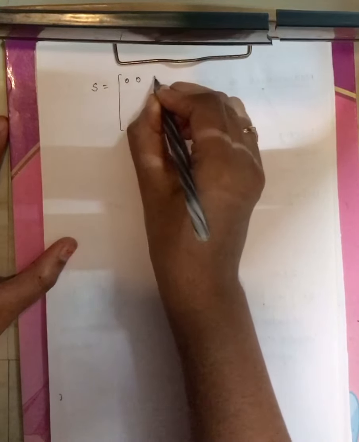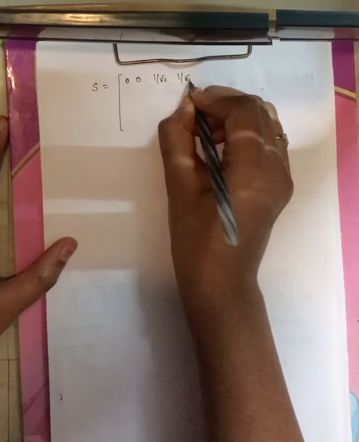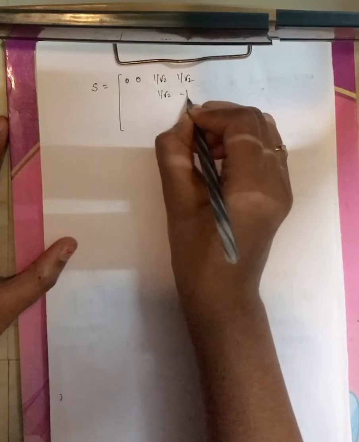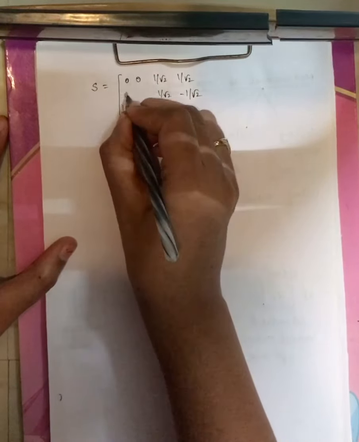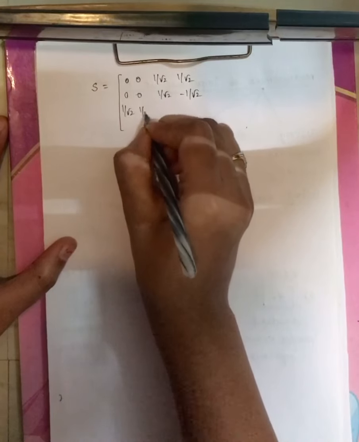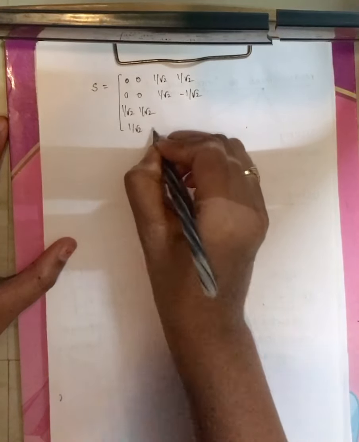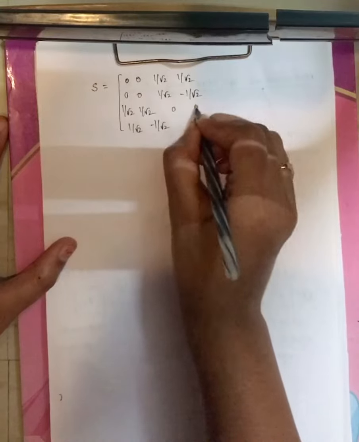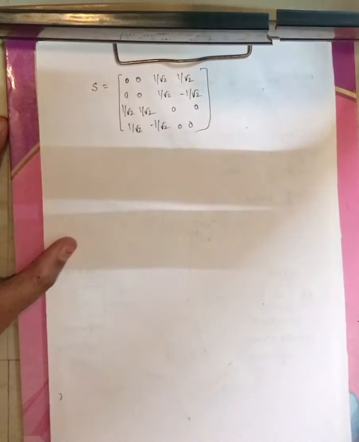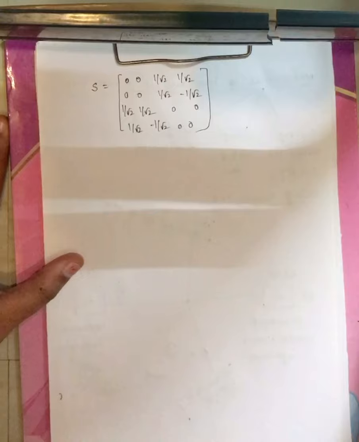You will get: 0 0 1/root 2 1/root 2; 0 0 1/root 2 minus 1/root 2; 1/root 2 1/root 2 0 0; 1/root 2 minus 1/root 2 0 0. This is the scattering matrix we derived for the magic T in the previous lecture, right?